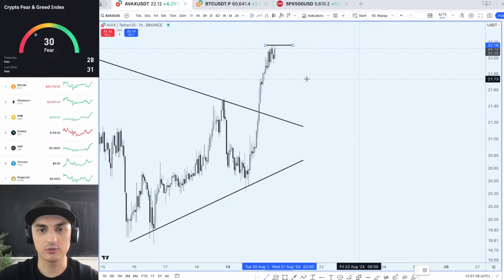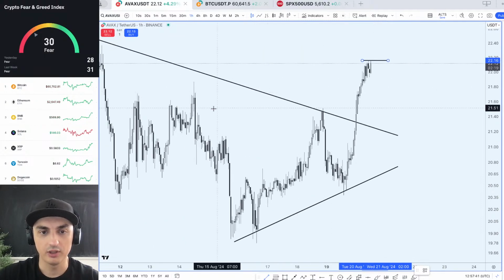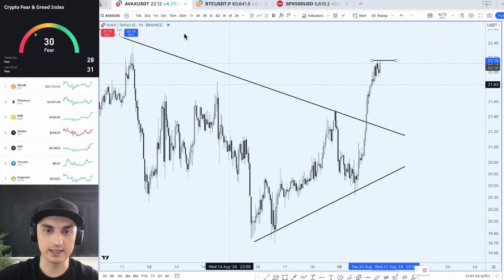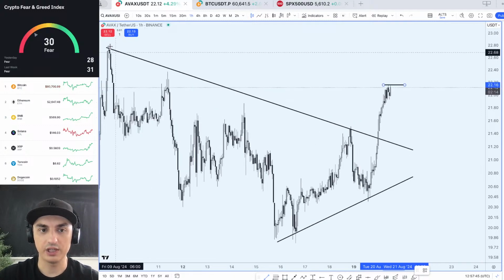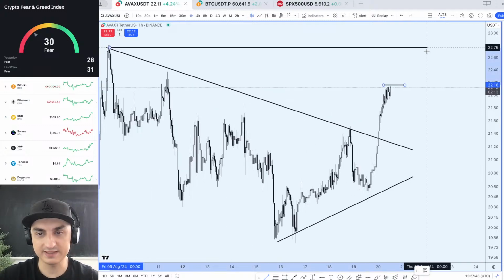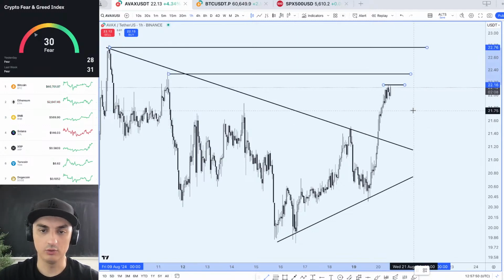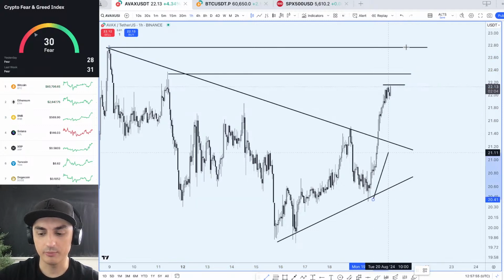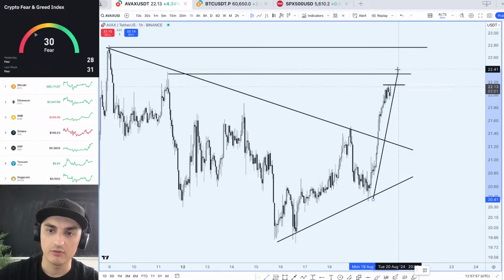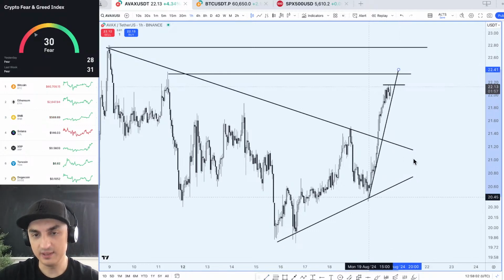It really depends on Bitcoin. It depends on a lot of factors, but it looks like it got a breakout from this triangle. However, it has some resistances, 22.7 as well as 22.3. We got this price action without any retracements yet, so there is a chance for a dip.